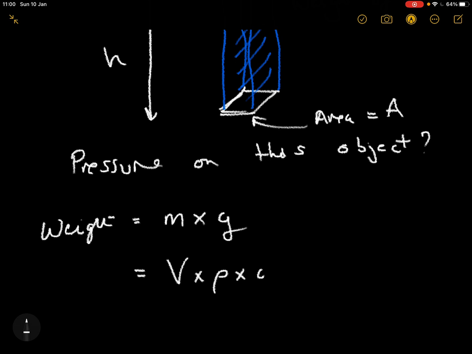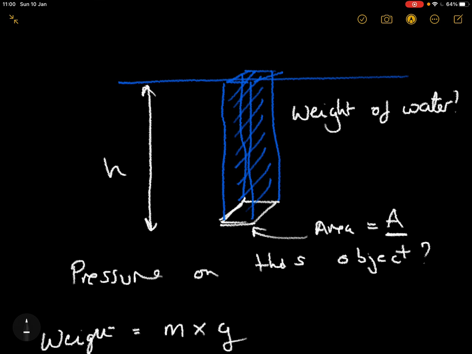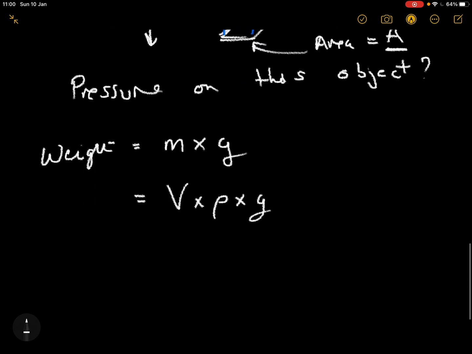So we've got volume times density times gravity. And the volume is your area multiplied by your height, because we're only interested in the area sitting above the object. So our weight is equal to the height times the area times the density times the gravity.